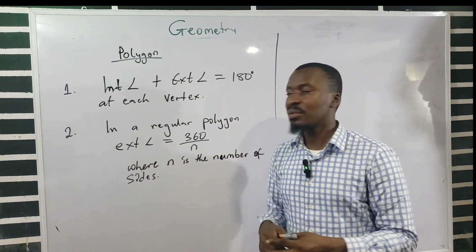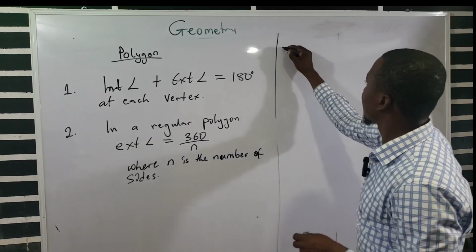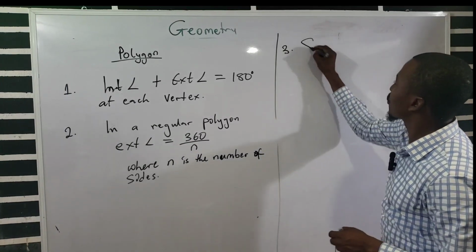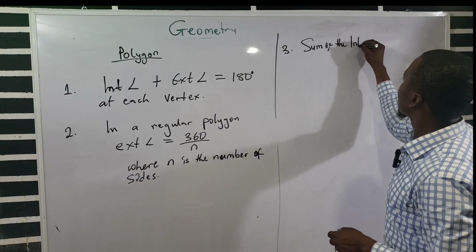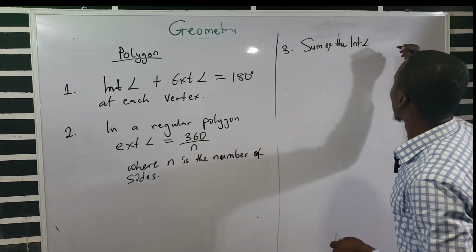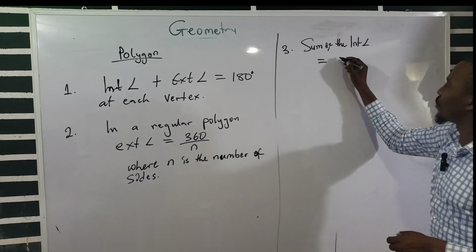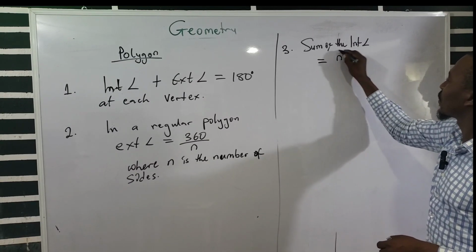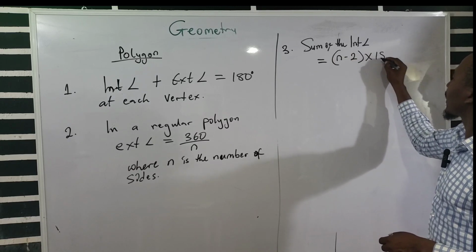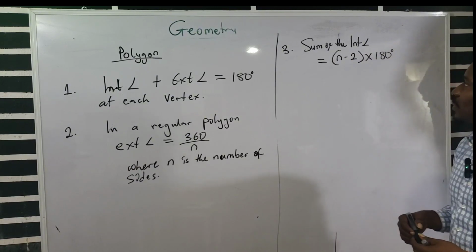Okay, so let us move to the third one. The third one, sum of the interior angles is equal to n minus 2 times 180 degrees.